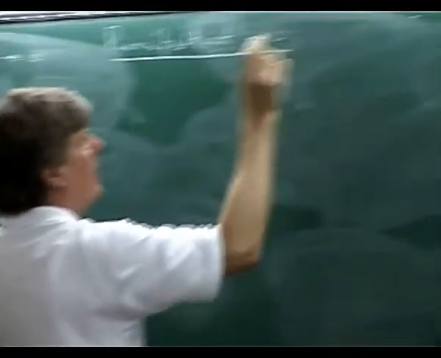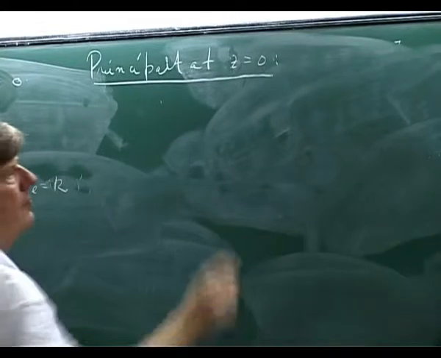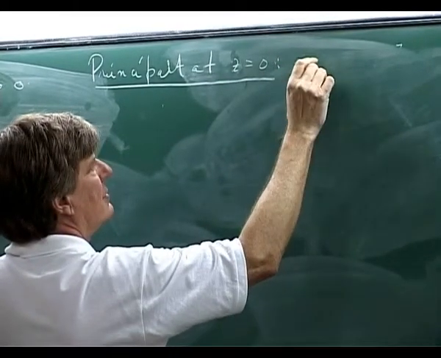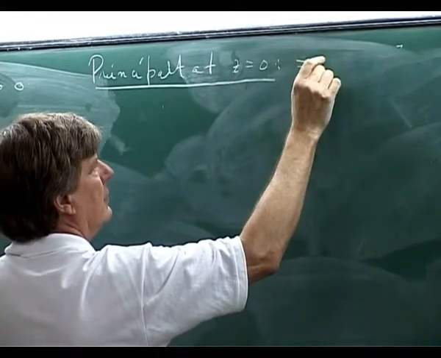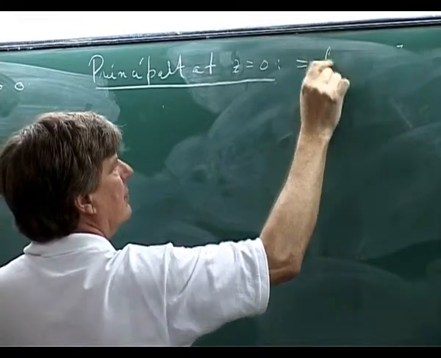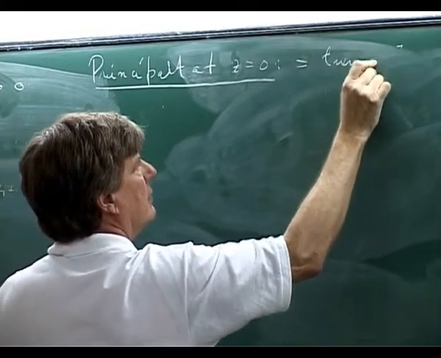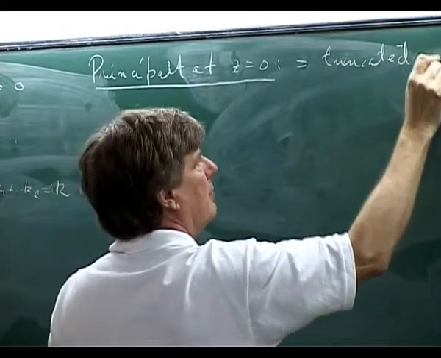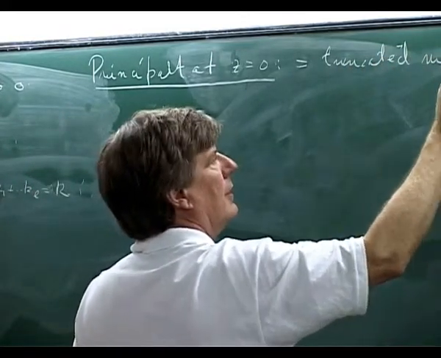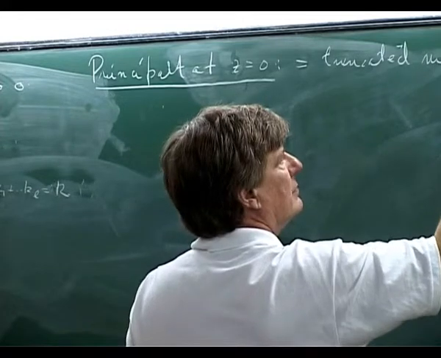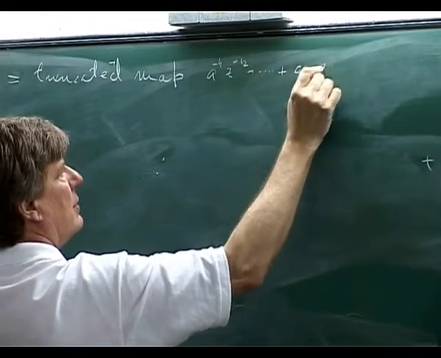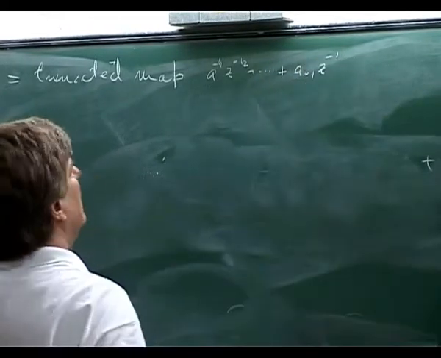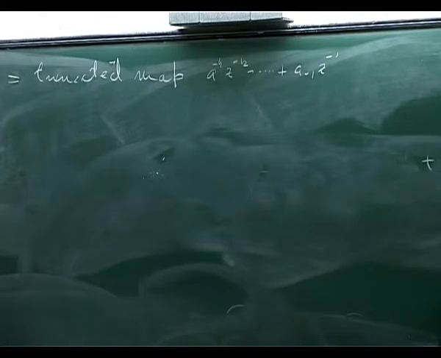Now, this is a sort of truncated map, a sort of a_{-k} z^{-k}, so I'm just writing a pole at 0, plus a_{-1} z^{-1}. And why is it truncated?